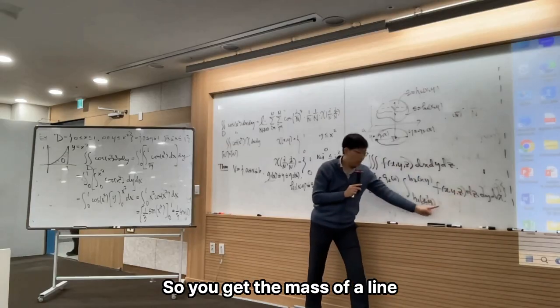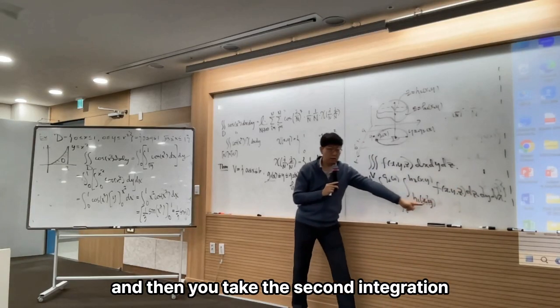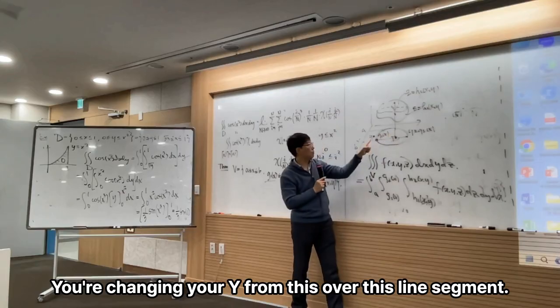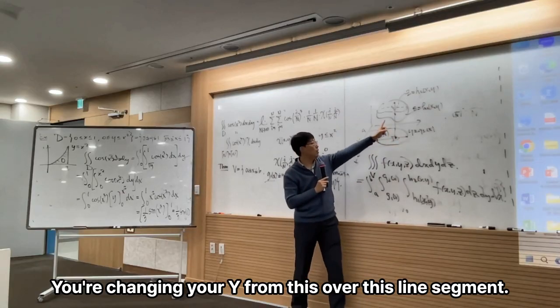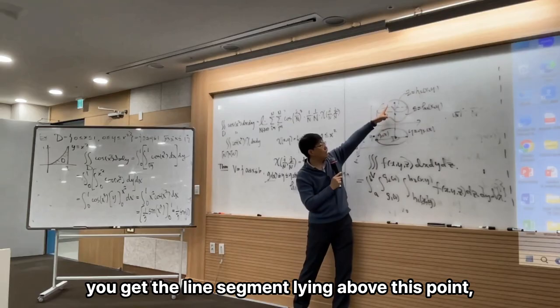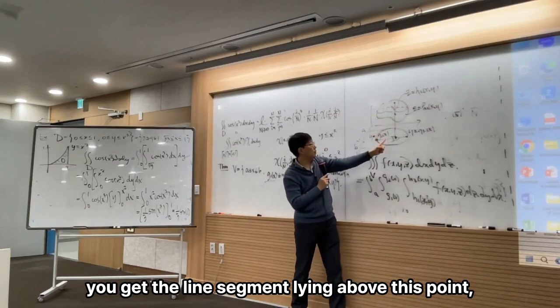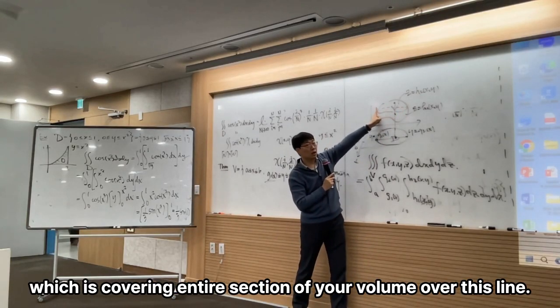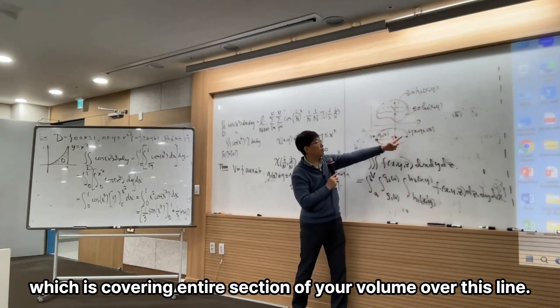So you get the mass of a line, and then you take the second integration over y. What do you get? You're changing your y over this line segment. So at each point y, you get the line segment lying above this point, which covers the entire section of your volume over this line.